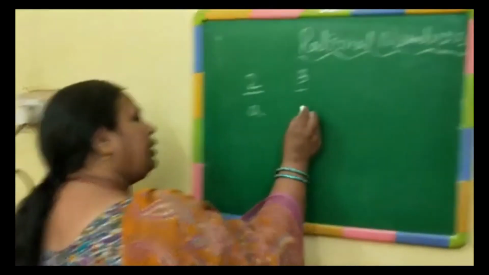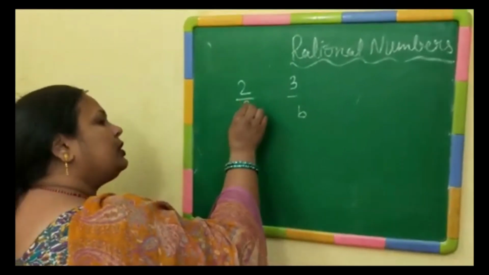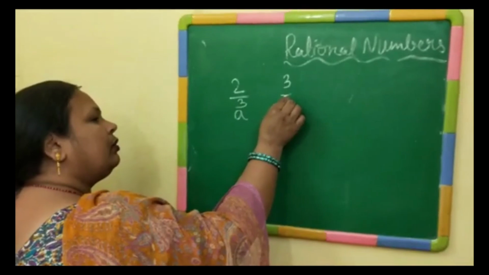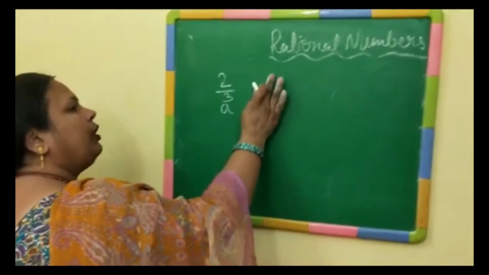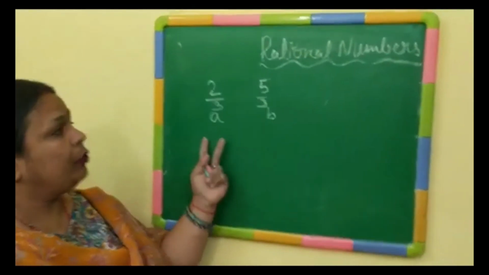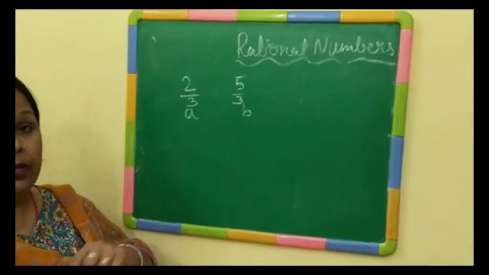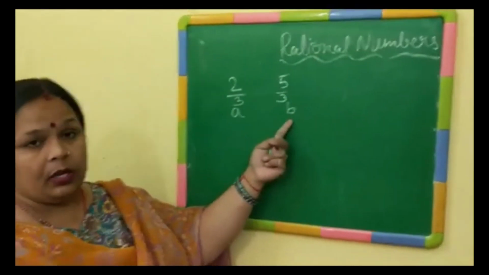Let this be A, this be B. We need to find 2 different rational numbers between 2 by 3 and 5 by 3. If this is 1, this is the second one.